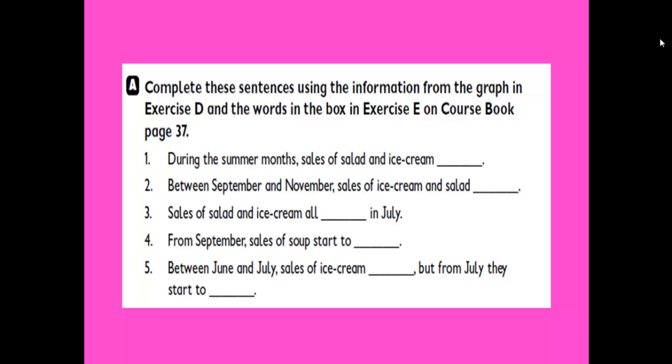Number 2. Between September and November, sales of ice cream and salad fall, go down or fall. Number 3. Sales of salad and ice cream all peak in July.